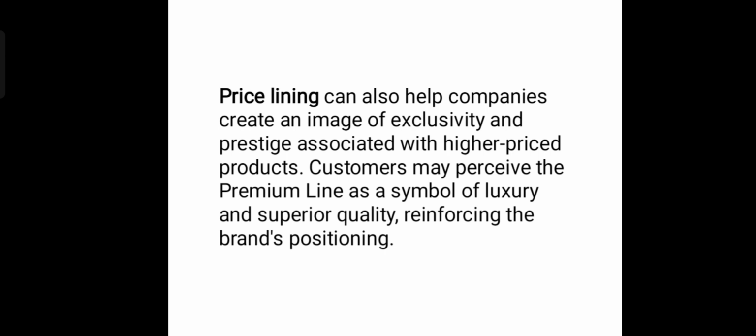It's worth noting that the number of price lines and the price differentials between them can vary depending on the industry, the market conditions, competition, and the company's pricing strategy. Price lining is a flexible approach that allows companies to tailor their pricing structure to suit their target market and business goals.